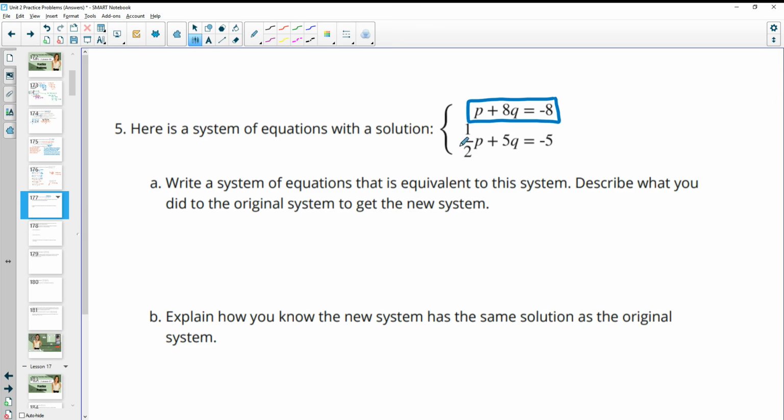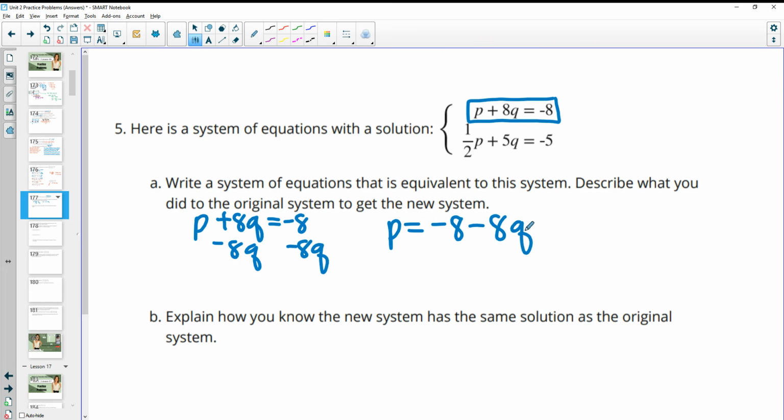So what I'm going to do is subtract 8q from both sides for that one to solve it for p. So I'm going to go minus 8q, minus 8q, so that I get p equals negative 8 minus 8q.